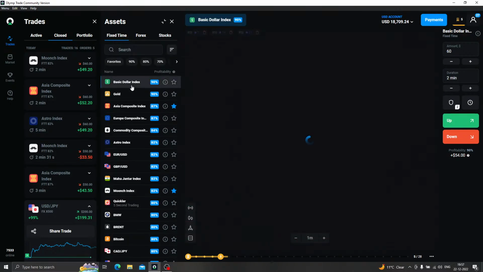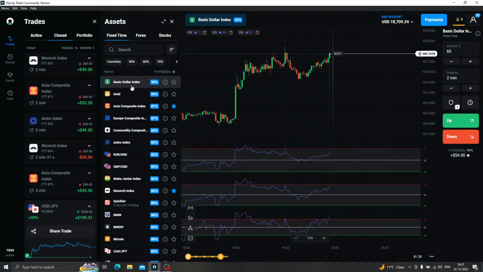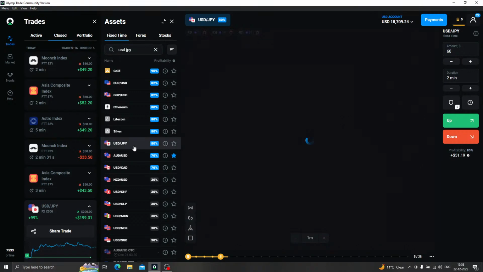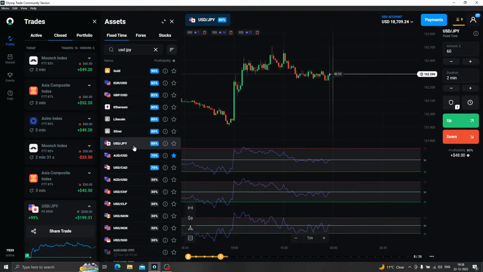Let's see if in any asset the price is in the overbought or in the oversold region. This was my today's forex trade in USD JPY on the GDP data release.